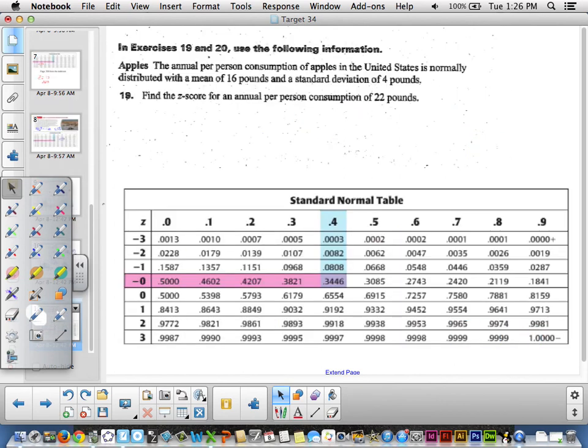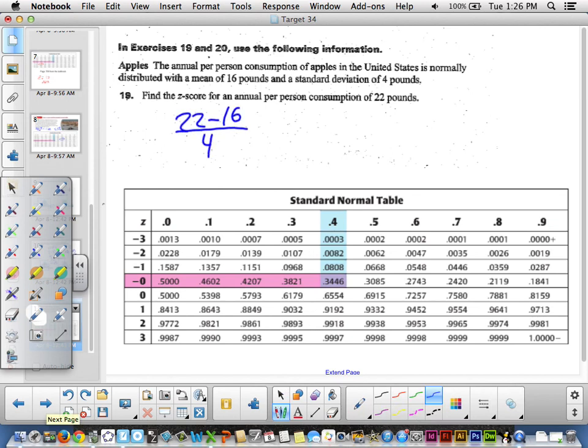All right, and one final question. The annual per person consumption of apples is normally distributed with a mean of 16 pounds and a standard deviation of 4 pounds. Find the z-score for an annual consumption of 22 pounds. So we need to take 22 minus the average and divide it by the standard deviation. 22 minus 16 is 6 over 4.